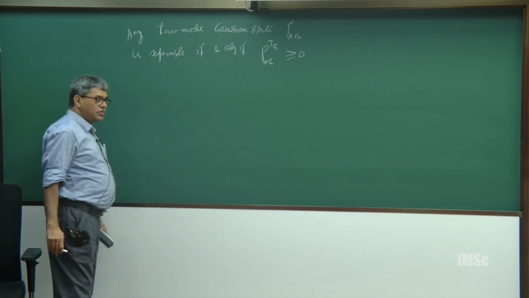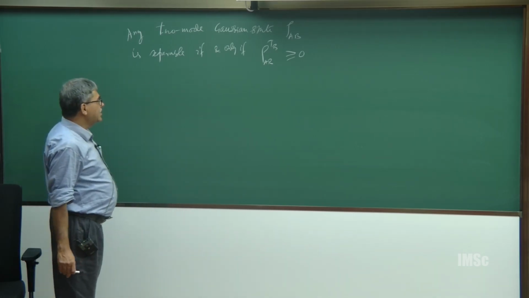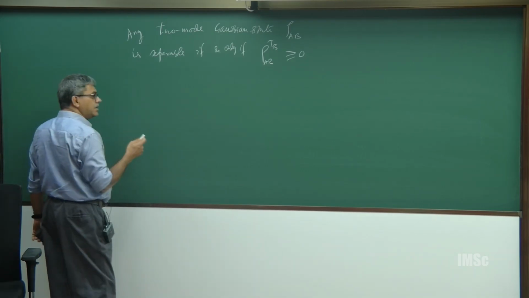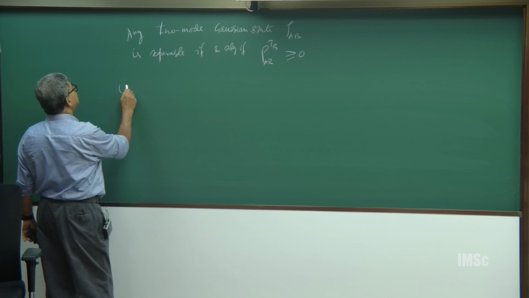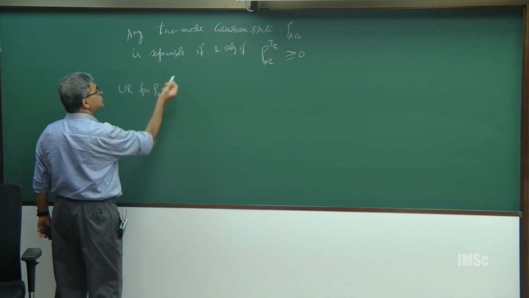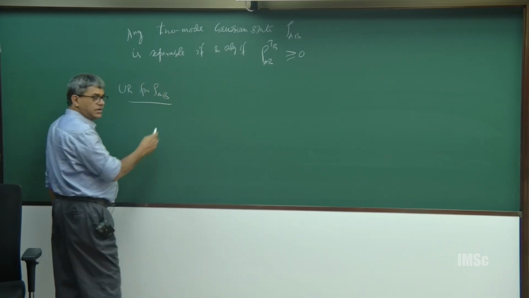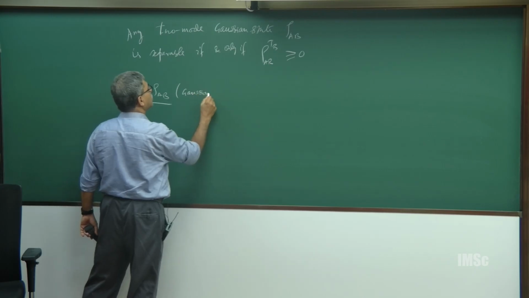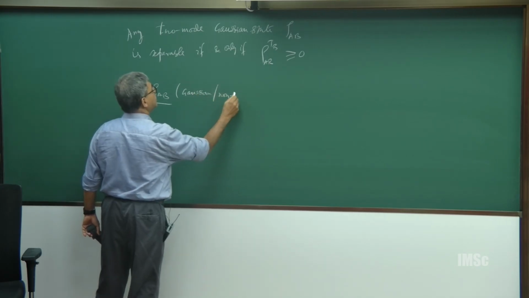So far what we discussed is the uncertainty relation for rho AB, whether Gaussian or not, non Gaussian, it does not matter.